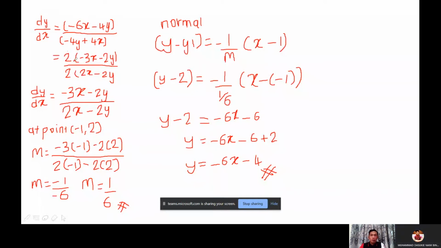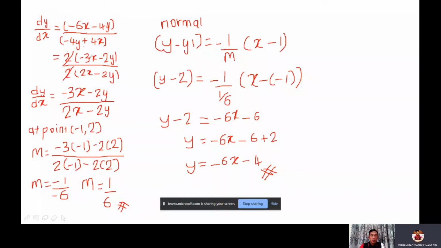You can get 2 times negative 3x negative 2y per 2x minus 2y. So you have to simplify the equation. Okay, these two you can cut.